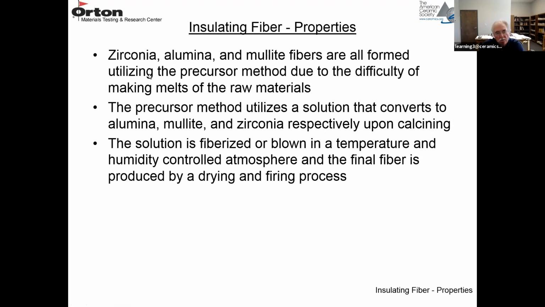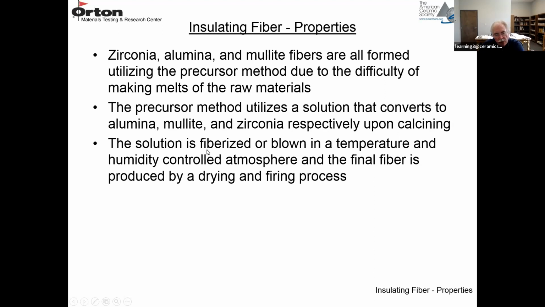They're formed by using a precursor, because melting these materials is not easy. It requires high temperatures. So the precursor is a solution, and you're forming these at basically room temperature. It's a solution that, when heated, converts to alumina, mullite, and zirconia.